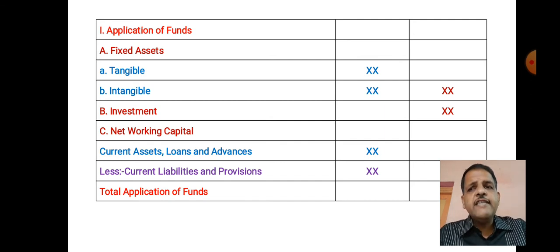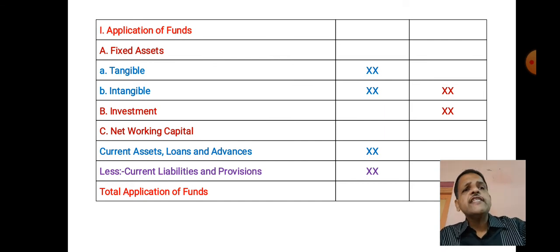Plant and machinery, furniture, land and building, which we can see and touch, are tangible fixed assets. Certain fixed assets which we can't see or touch, like copyrights, goodwill, computer software or licenses, are called intangible fixed assets.